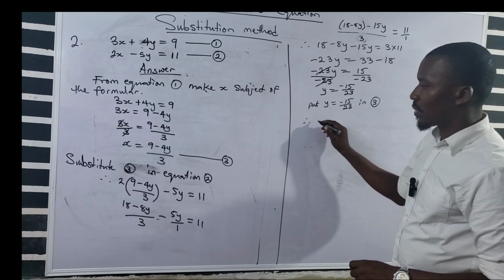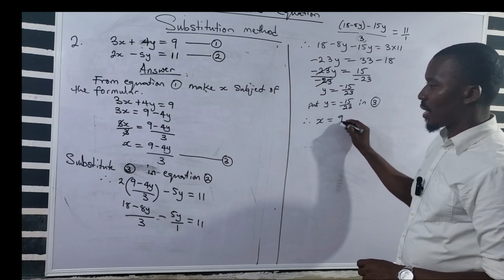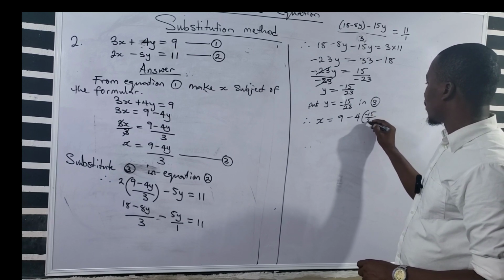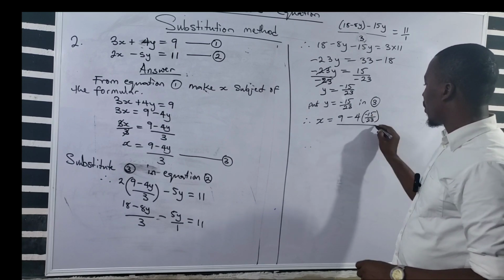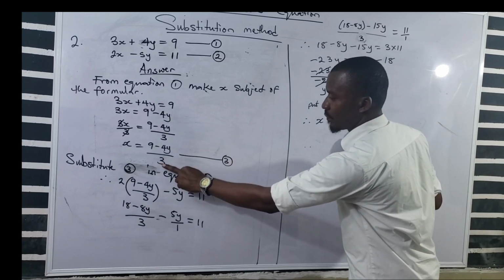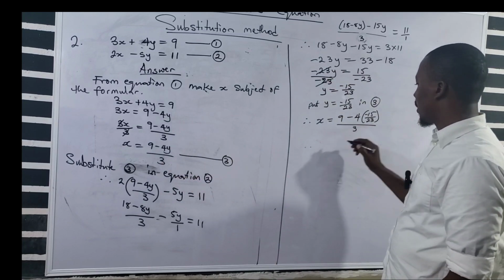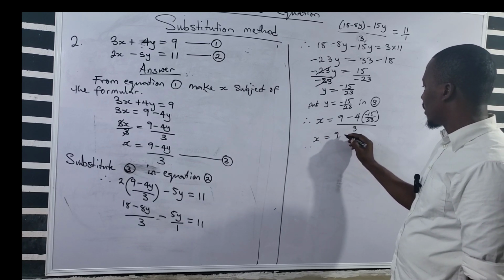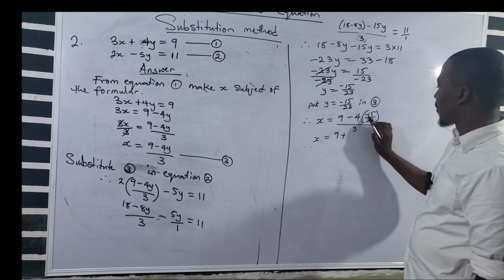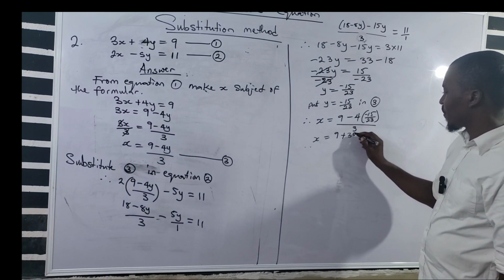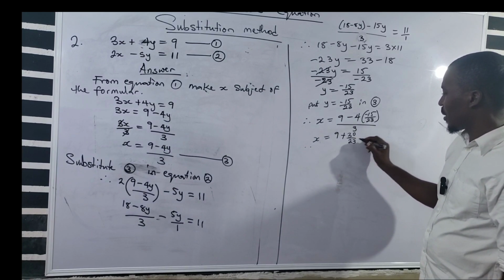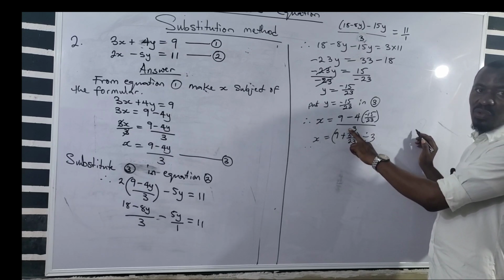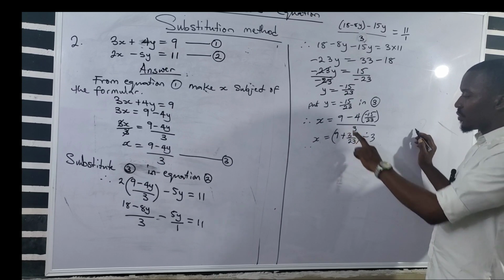So that will give you s equals to 9 minus 4 into minus 15 over 23, all over 3. So that will give us s equals to 9 plus, because of minus minus here, plus 60 over 23, divided by 3. That's this 3 here. So I'm just putting it in a way that it will be easy for me to calculate.